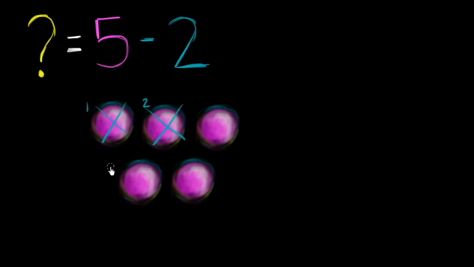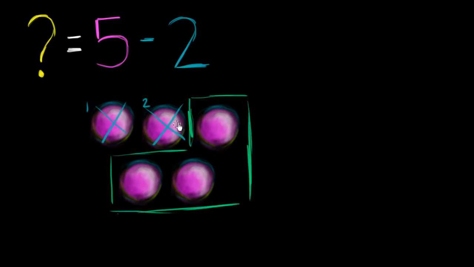Well, I have left over these, let me do this in a different color. I have left over these purple things right over here. So how many is that? How many do I have left over? Well, I have left over 1, 2, 3 of my original 5. So something is equal to 5 minus 2.